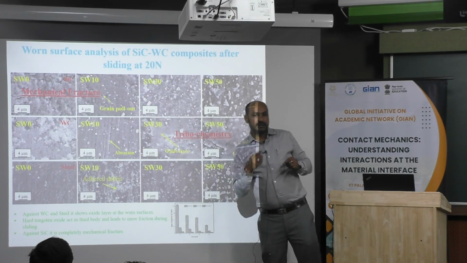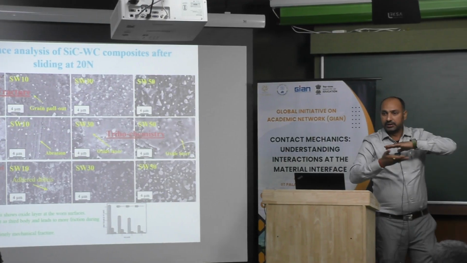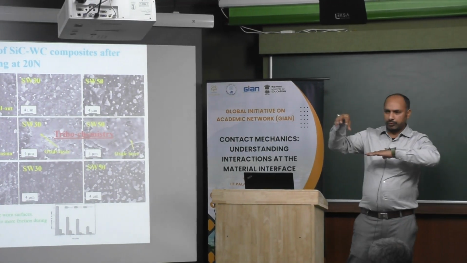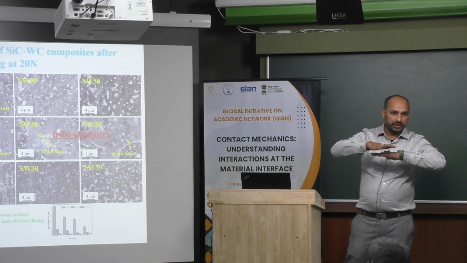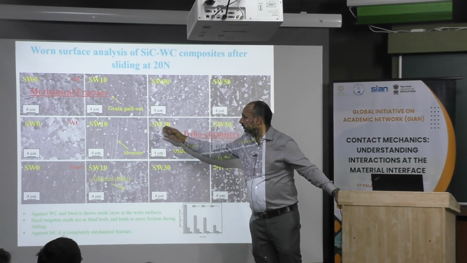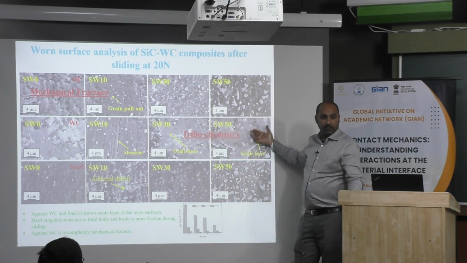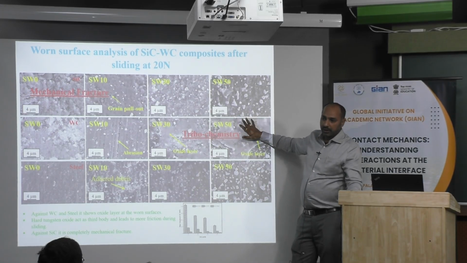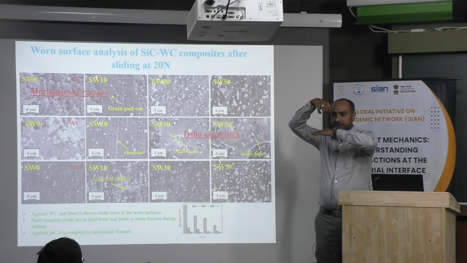In SiC, with SW0, there is no tungsten carbide in the matrix, so tribochemistry plays a role and we get embedded debris on the surface. But as you move towards 50% tungsten carbide, we see an adhered tribo layer over the surface against tungsten carbide, because this counter body is also tungsten carbide.